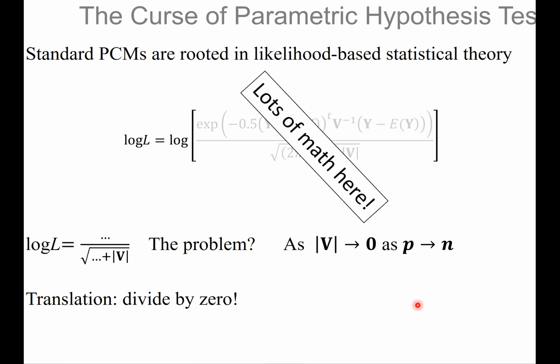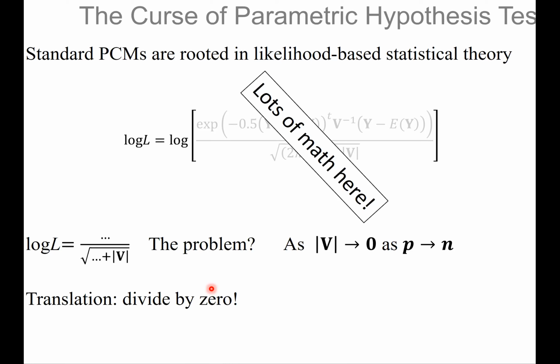In the denominator, we have this little bit, which is the determinant of V. V is that covariance matrix I had mentioned before, the covariance amongst objects relative to the covariance amongst the traits. And as the number of traits, which is P, gets larger, the determinant of V gets smaller. And eventually it hits 0. Well, that means we're dividing by 0, and math doesn't like to divide by 0.